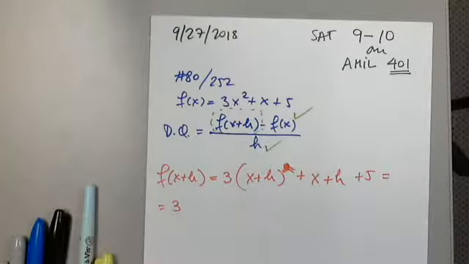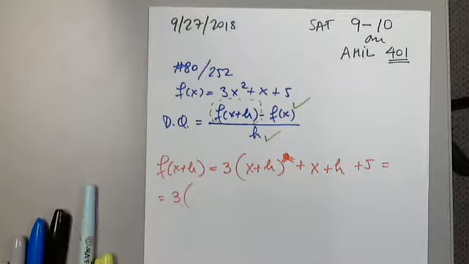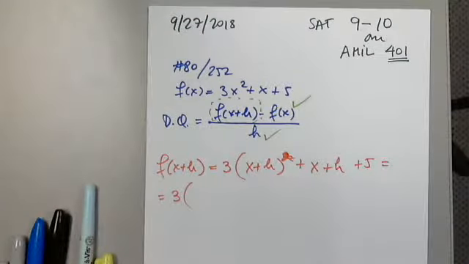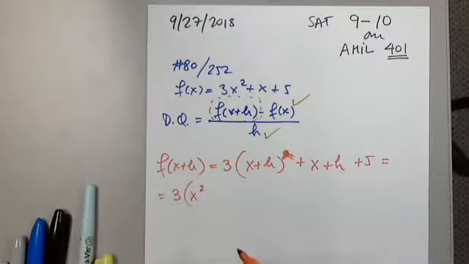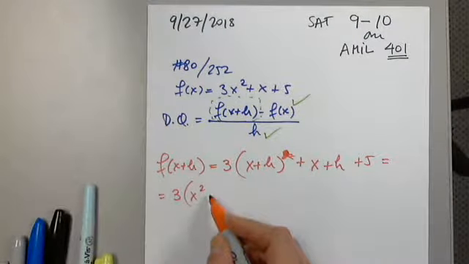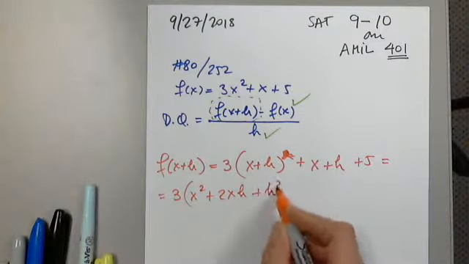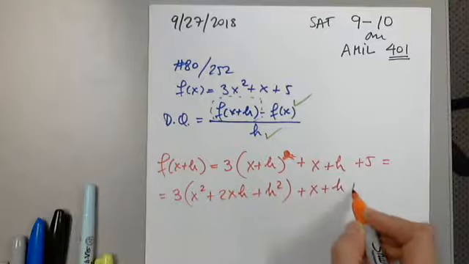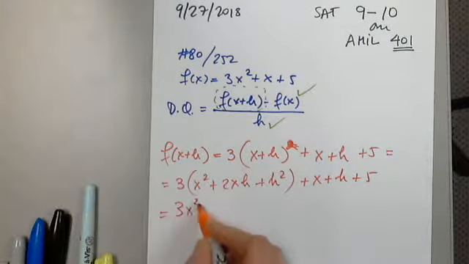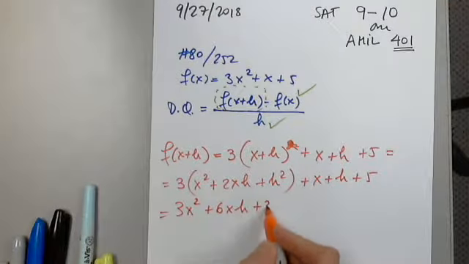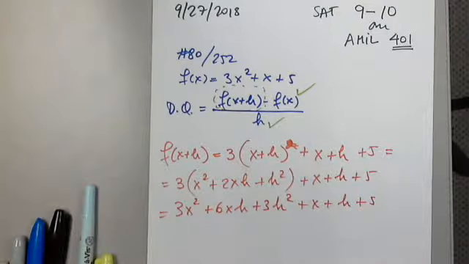That was the first handout of the class. Plus x plus h plus 5, and only now I can distribute: 3x squared plus 6xh plus 3h squared plus x plus h plus 5.